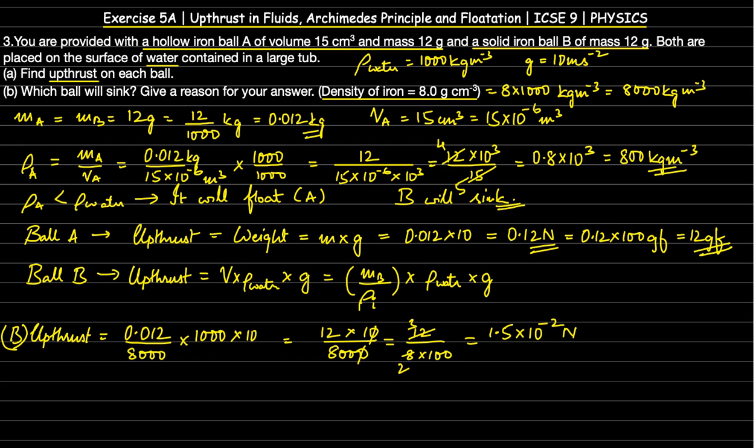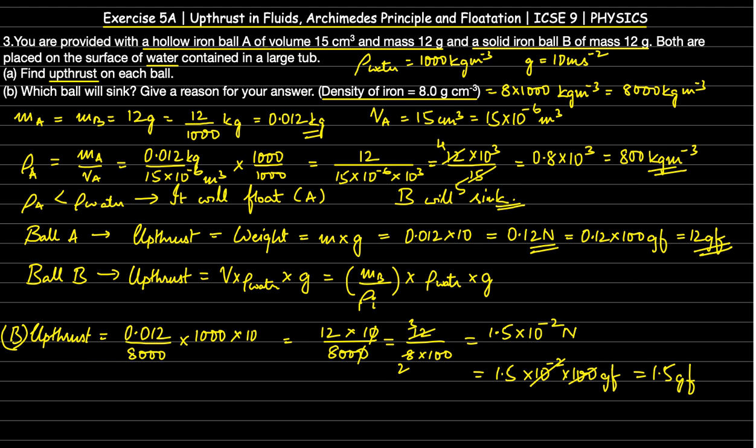Now as we know, when we convert newtons to gram force, we multiply by 100. So 1.5 into 10 to the power of minus 2 into 100 gram force. So 10 to the power of minus 2 and 100 cancel. So we get 1.5 gram force.